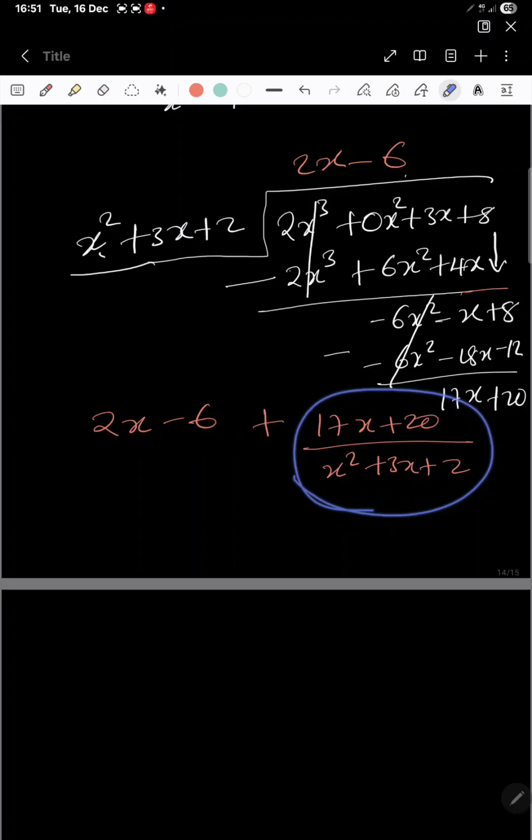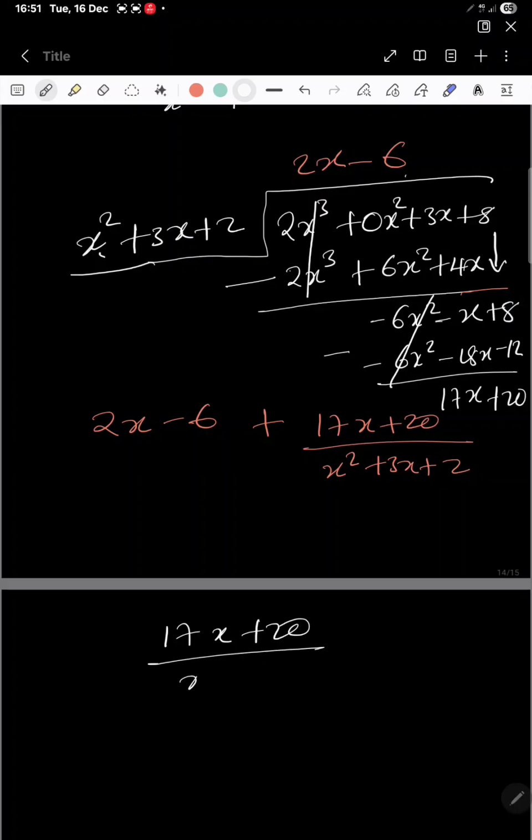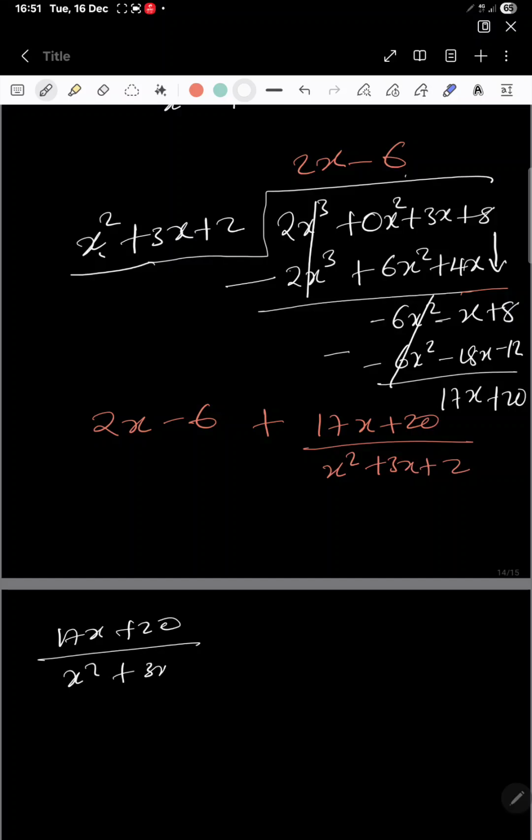We have 17x plus 20 over x squared plus 3x plus 2. This is equal to A over, remember, rewriting this.